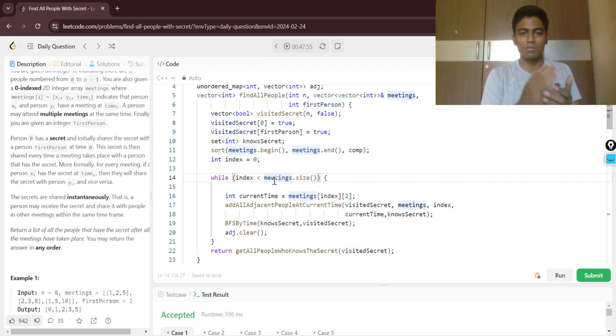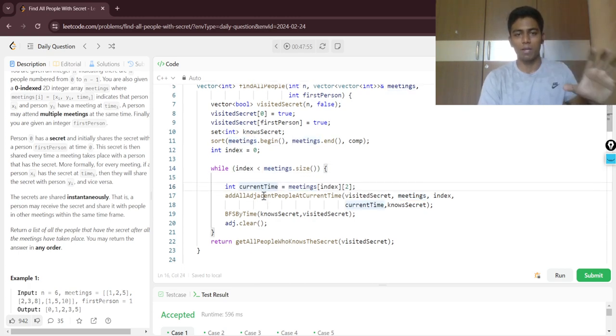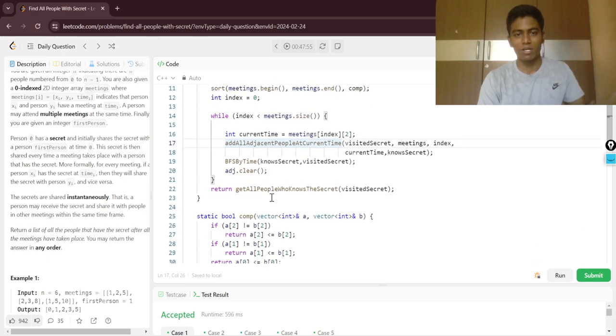We'll visit the first meeting first, and then we are going to pick the current time of this particular meeting, and then we are going to add all the people who are going to be in the meetings at this particular time. So we are going to add all the people who are connected with the meetings at this particular time.